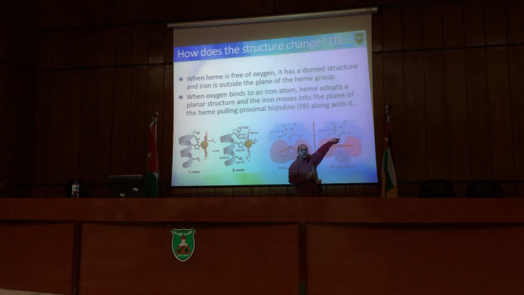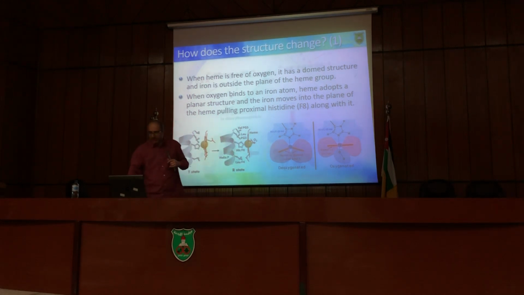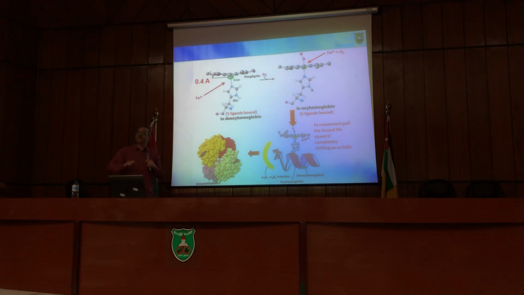When you pull down the iron and you pull down the heme, it becomes flat. You also pull down with it the histidine, the proximal histidine. When this is pulled down, you have a gradual movement of everything else. So when this looks like a dome and oxygen comes in, heme becomes flat.